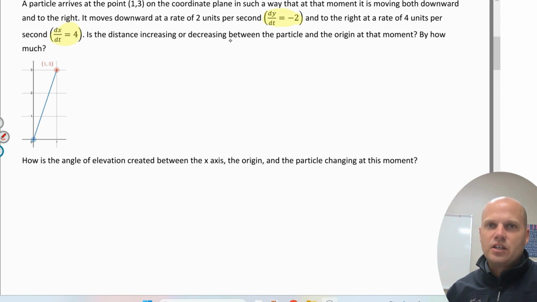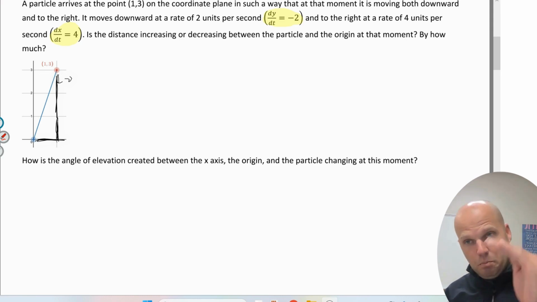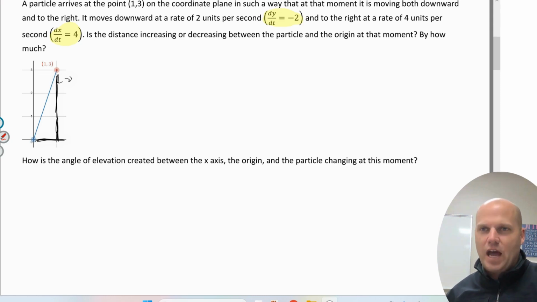Is the distance increasing or decreasing between the particle and the origin at that moment? By how much? This is a great question because we get to this point and then we go down and to the right. So this y distance is going to be decreasing, and this x distance is going to be increasing. It looks like it's moving to the right faster than it's moving down, so it looks like its distance is going to increase. But we don't know that for a fact.